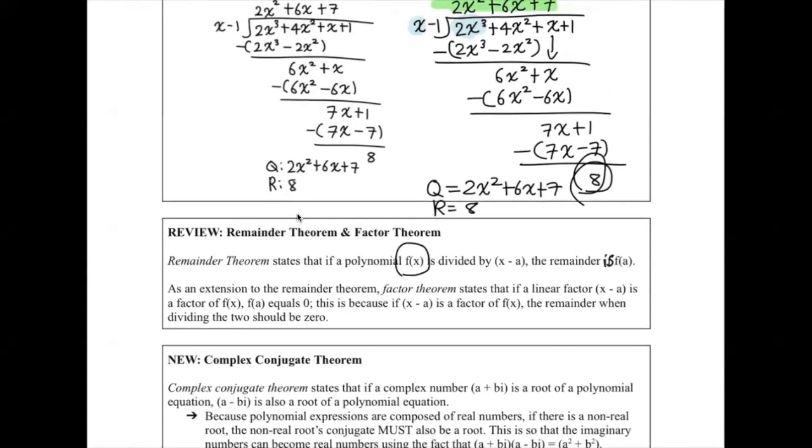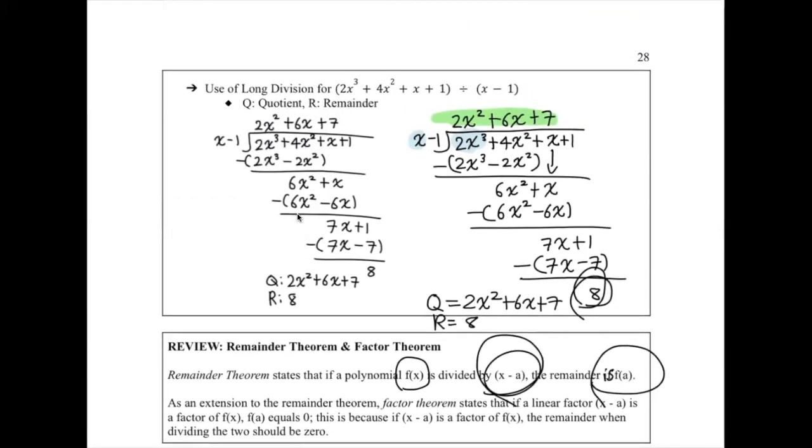If f of x is divided by a linear term, the remainder is actually f of a. So you can find the remainder of a polynomial division by simply finding the 0 of the divisor and plugging it into our variable.